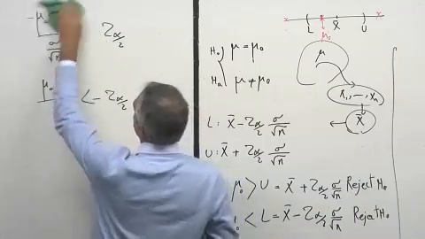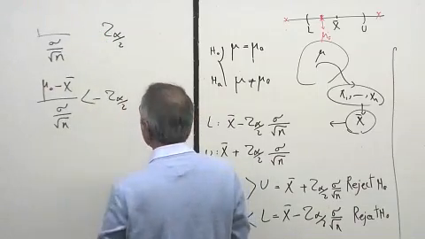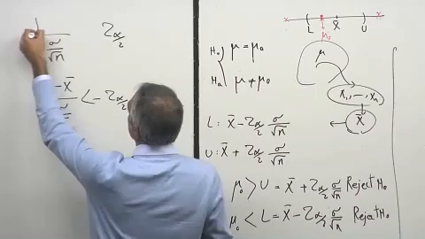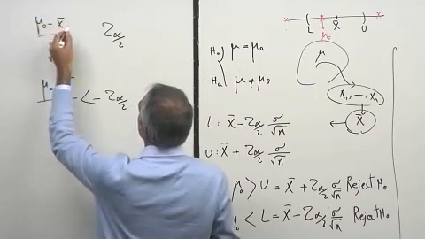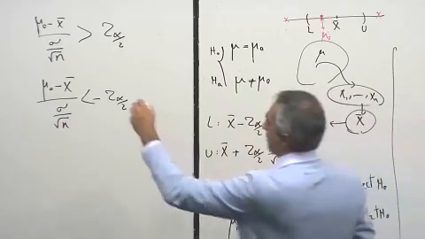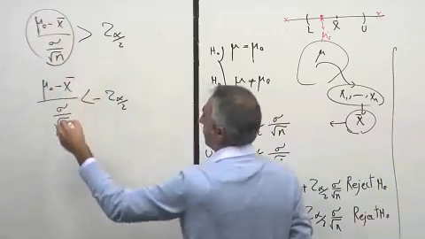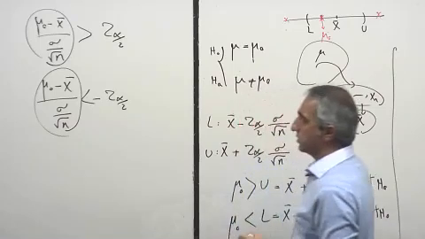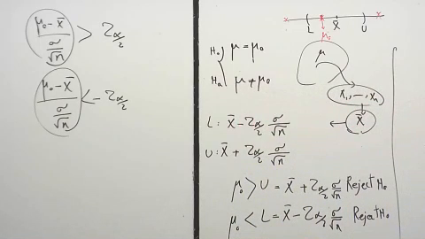Sorry about that. Okay? So if this guy is greater than Z alpha over 2 or less than this, then what I do is reject H null.